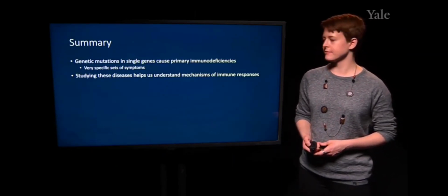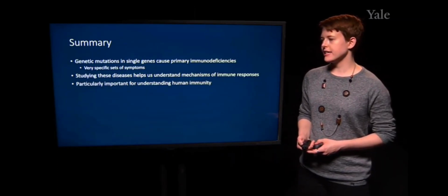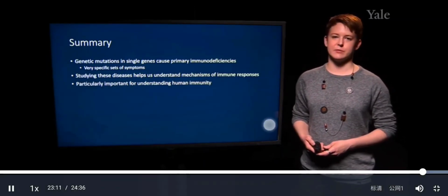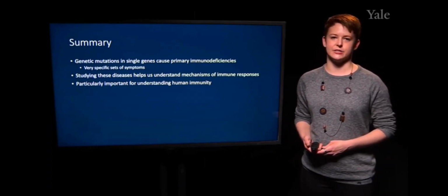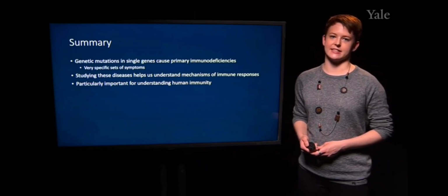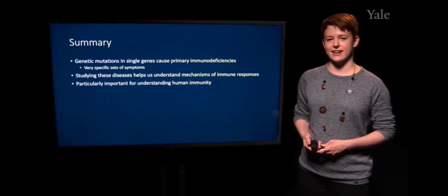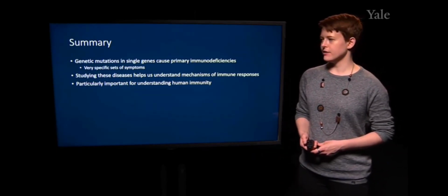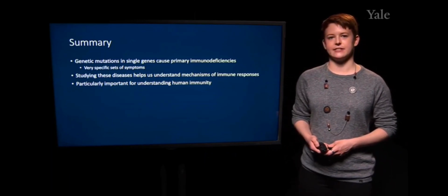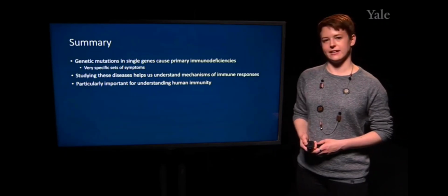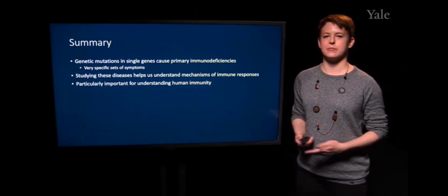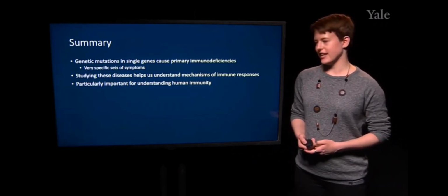And it's particularly important for understanding human immunity. So in mice, we have the ability to knock out genes and see their effects on the immune response. We obviously cannot do that in humans. So these are essentially natural protein knockouts that we see. And therefore, we can understand how removing a protein will cause a genetic immune defect.